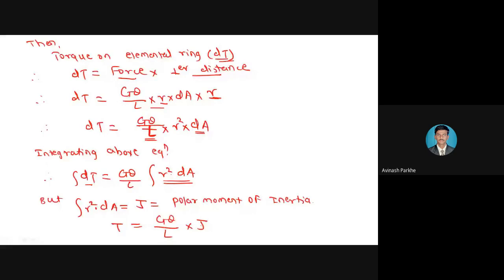From this equation, if I rearrange the terms and take this J to the left side, I get the equation T upon J is equal to G theta by L. Let us assume this is equation number 8, and already we have equation number 6.